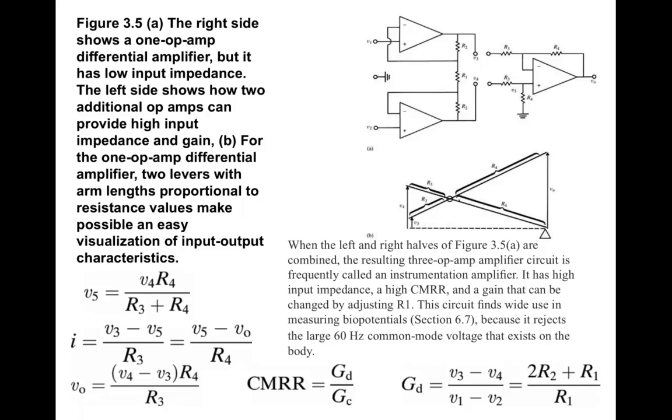So the difference between an instrumentation amplifier and a differential amplifier is the instrumentation amplifier includes this left-hand part of the circuit that's there to give you a high input impedance. So you basically accomplish a high input impedance, a high, what we refer to as common mode rejection ratio, and a gain that can be adjusted by adjusting the resistor R1, which is this resistor here in the instrumentation amplifier.